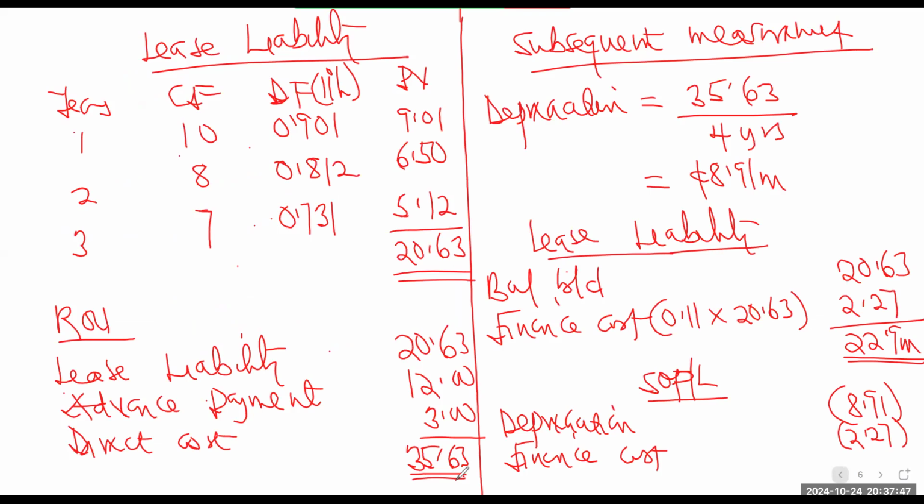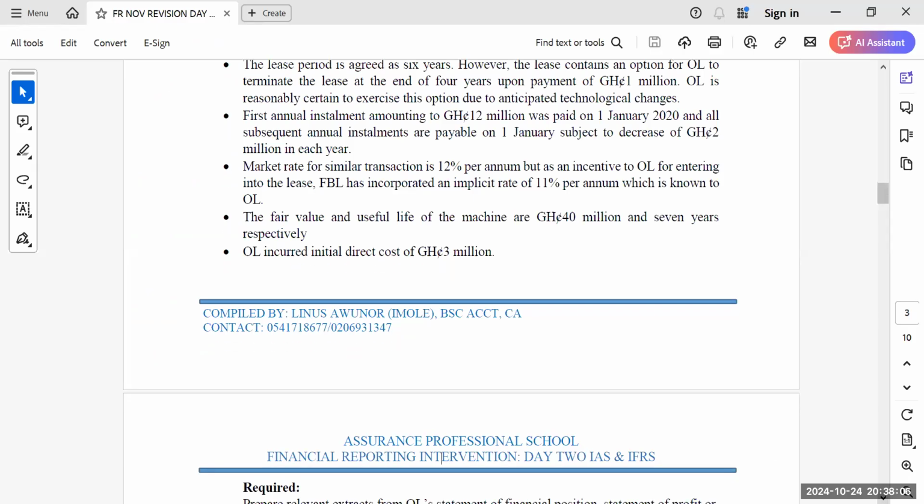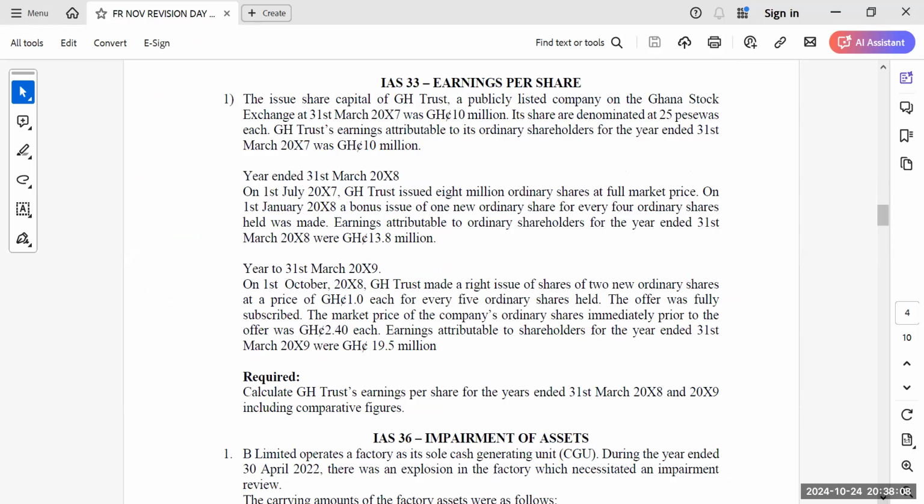And the remaining one, if you are paying 10 million out of this at the beginning of the year, it means that remaining will be paid within the remaining lease period. That will be 12.9. That is how we go about this one. A very simple exercise there. Okay. Let's come to just pick the earnings per share for us.